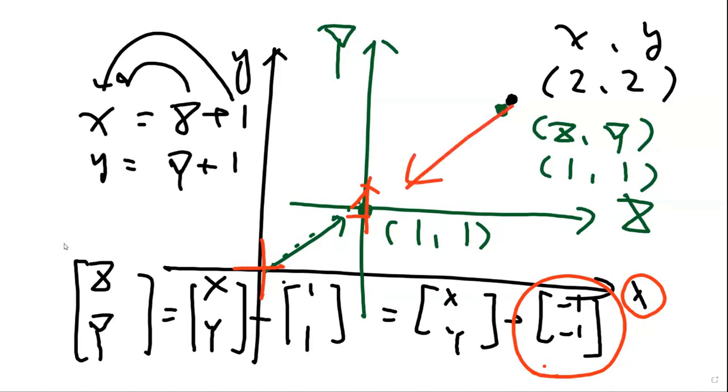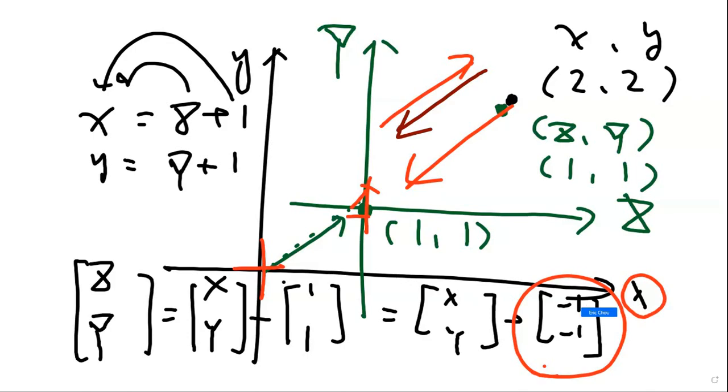So basically, what I'm trying to say is that your object movement this way is equivalent to your frame movement this way. The two things are actually the same. So you create a displacement vector, but usually when we calculate, we don't depend on this displacement vector.